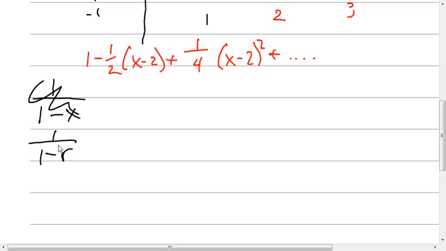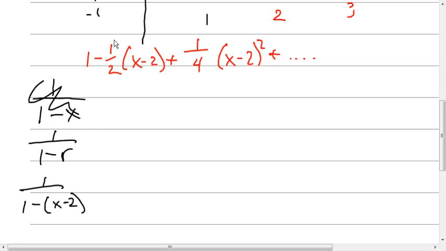We'd like it to look like this. Is there any way we can rework this? Well, we got this x minus 2, which means it's centered at 2. That really isn't a problem to us. If that was all that was going on, all we'd have to do is substitute in, and we get 1 minus now x minus 2, and we could proceed from there.